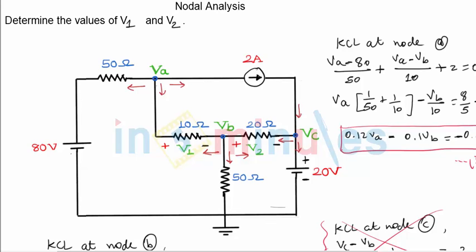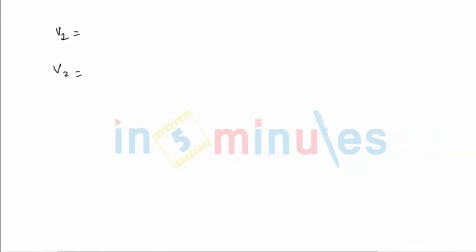You can see V1 has the positive polarity towards node A and negative polarity towards node B. Let us now find out the values of V1 and V2.